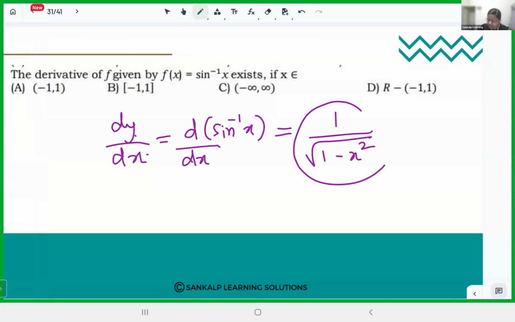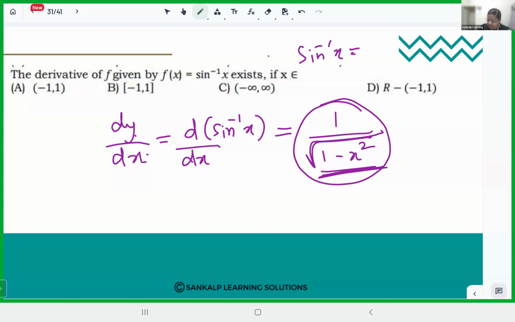What is it? d by dx of sine inverse x is nothing but 1 by root of 1 minus x square.